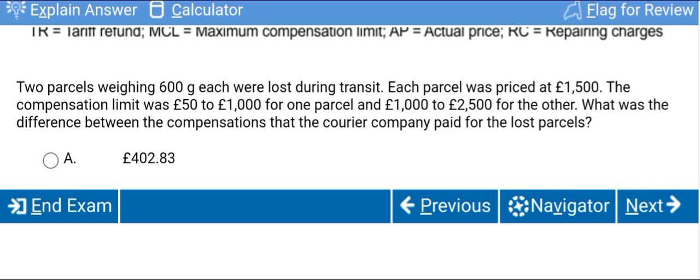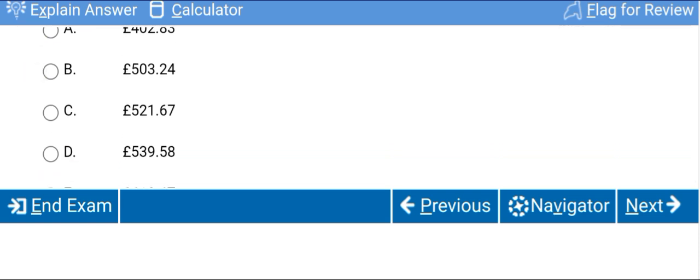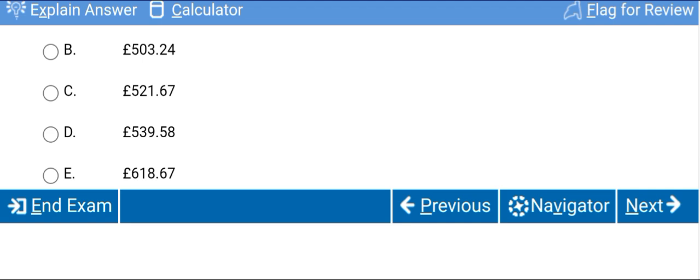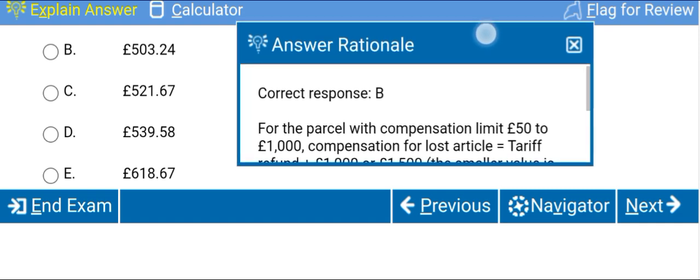What was the difference between the compensations that the courier company paid for the lost parcels? Option A 402.83 pounds, option B 503.24 pounds, option C 521.67 pounds, option D 539.58 pounds, option E 618.67 pounds. The correct response is B.